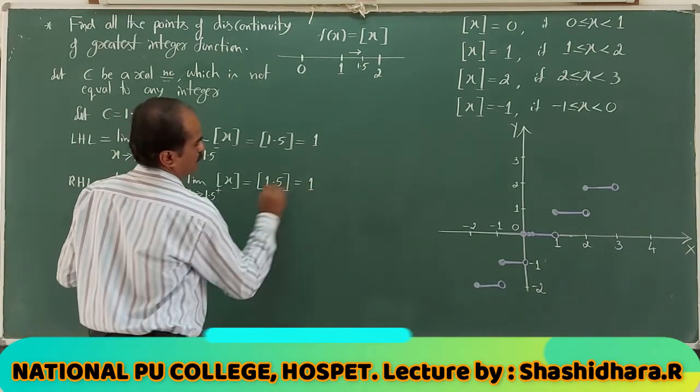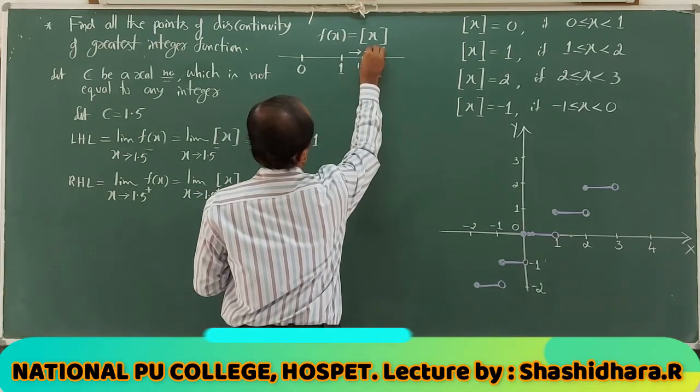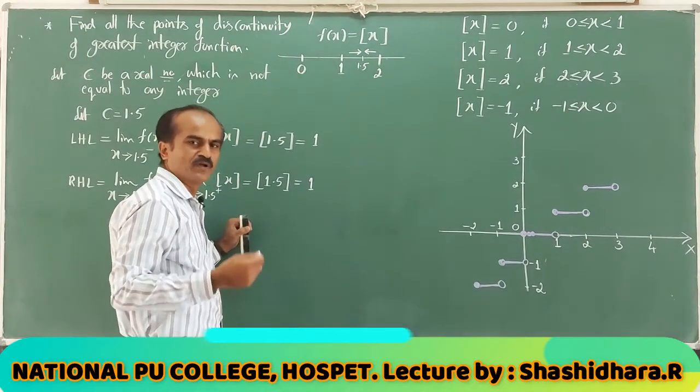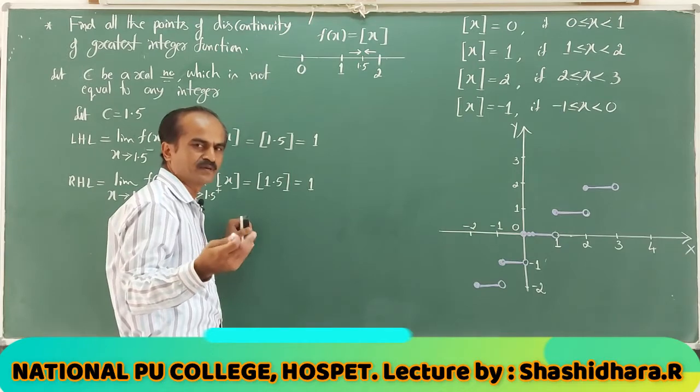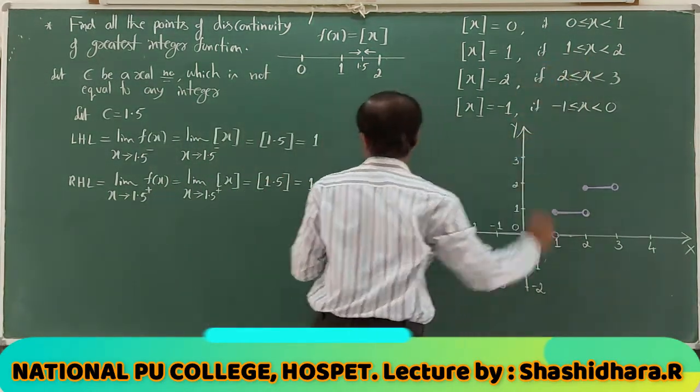It is equal to 1, because whenever x approaches 1.5 from the right side, the value is slightly greater than 1.5, maybe 1.5001. What is the greatest integer of 1.5001? It is equal to 1 only, because it lies in this interval.